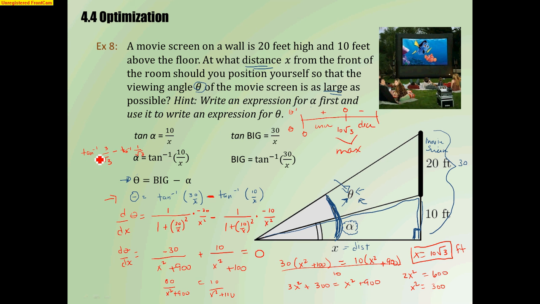So what angle has a tangent of those? Well, that's pi over 3. And this is pi over 6. What is pi over 3 minus pi over 6? Well, that's pi over 6, and of course that is radians, but normally when we talk about viewing angles to people, we would say 30 degrees.